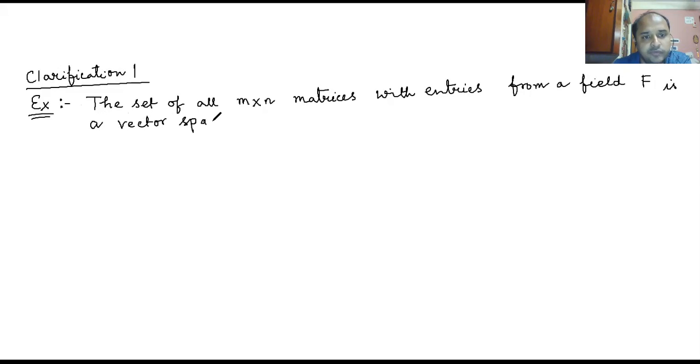We have already proved it. This particular example has already been proved. Okay, the proof was all right, no problem with that.